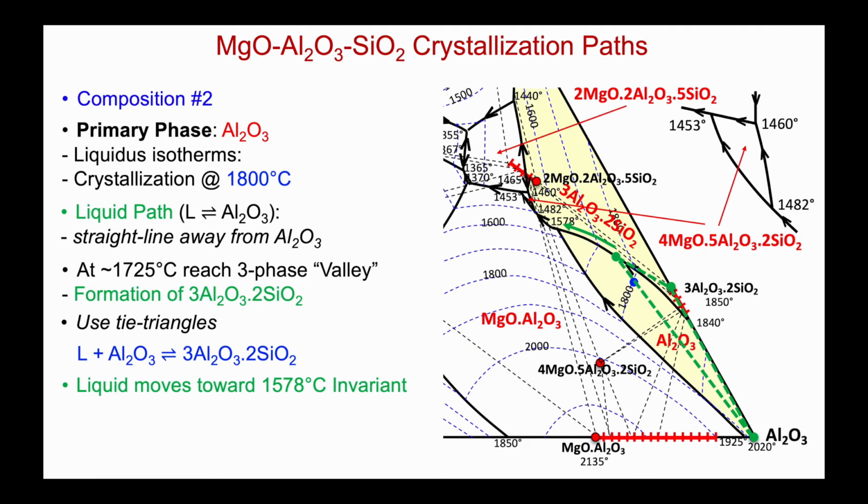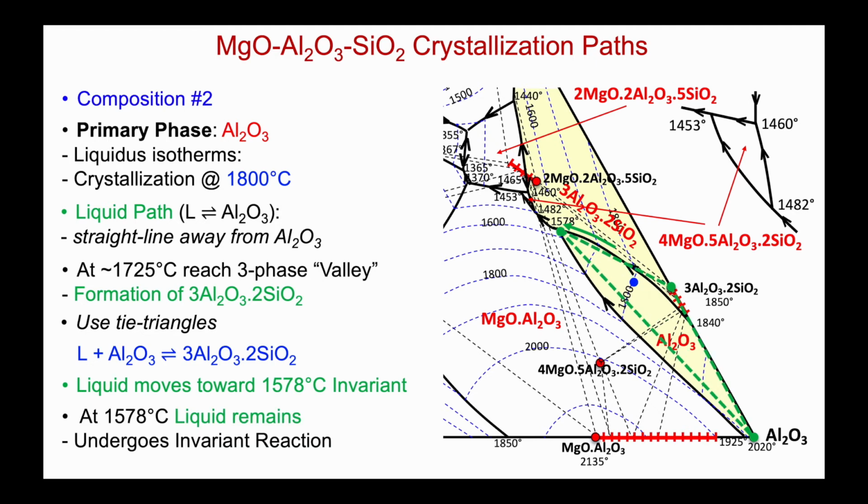Now the liquid moves down the valley, heads towards that 1578 invariant that was involved in our previous composition. Let's use a tie triangle to highlight the three phases that are present as it just arrives at this temperature. So again, liquid now at 1578, coexisting at this point with just the two phases. The overall composition lies within the triangle. There's definitely liquid remaining, and a significant amount, and so that remaining liquid is going to undergo the invariant reaction.